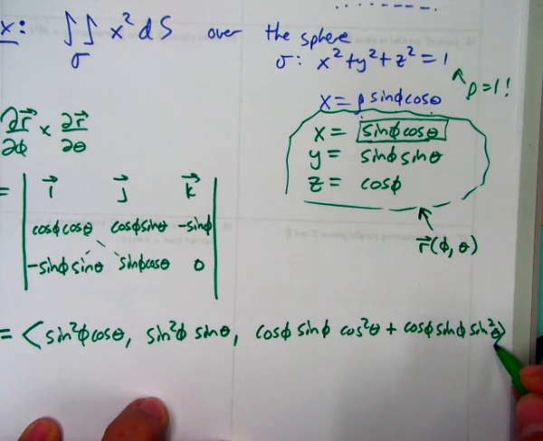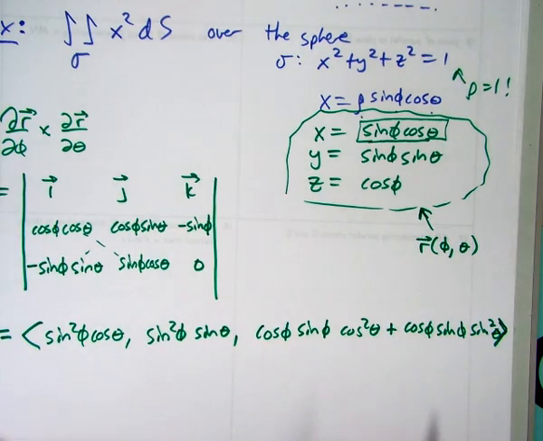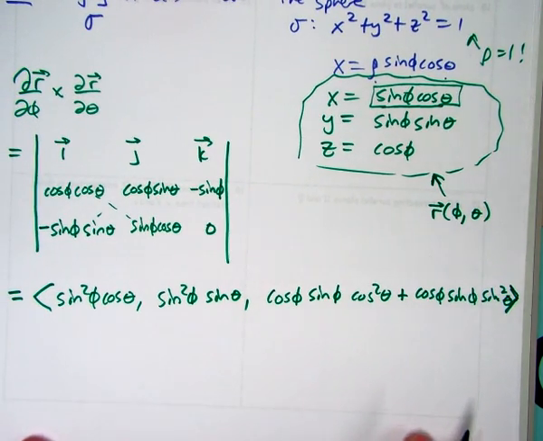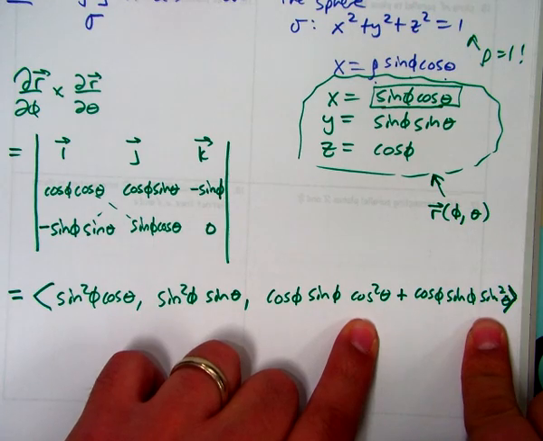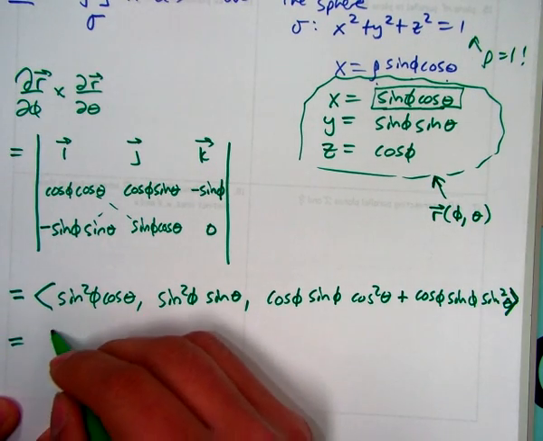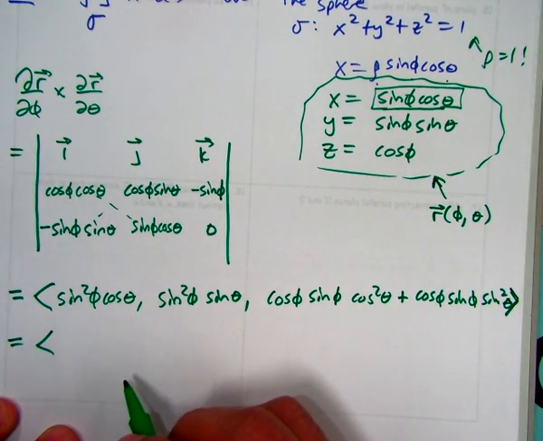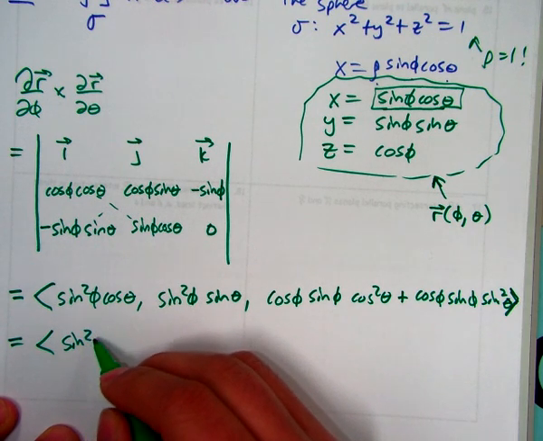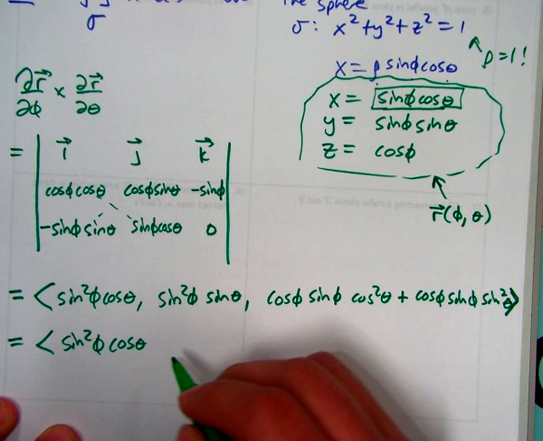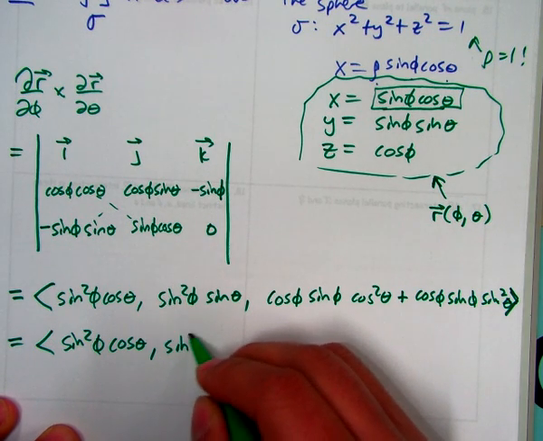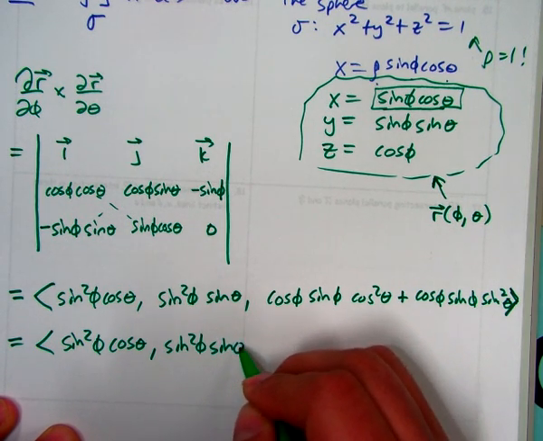Was there a question I can clarify? Did you get rid of the cosine squared plus sine squared since it equals 1? Right here? Yeah. Absolutely. So the final version that we're going to use is sine squared phi cosine theta, sine squared phi sine theta.